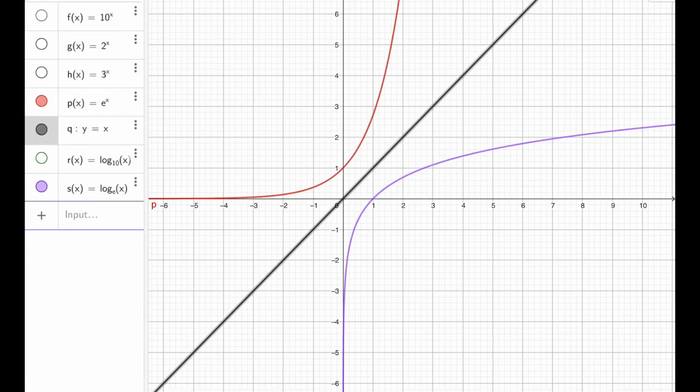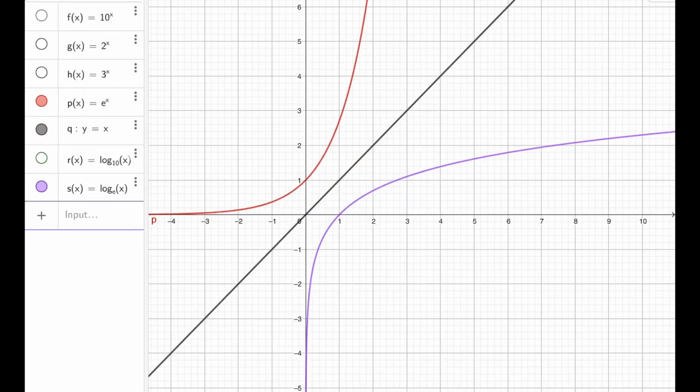If you imagine the black line as a mirror, the red graph and the purple graph are mirror images of each other about the black line. From the graph, it is clear that the inverse of the exponential function exists. And the inverse of the exponential function is called the logarithmic function.